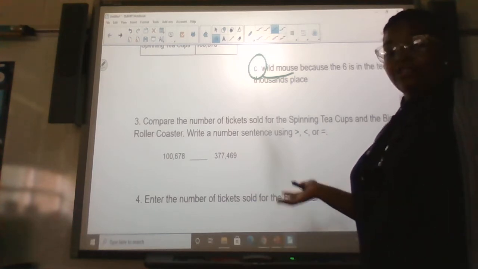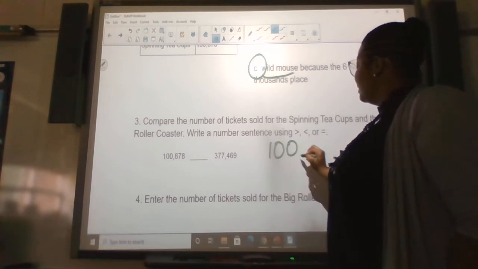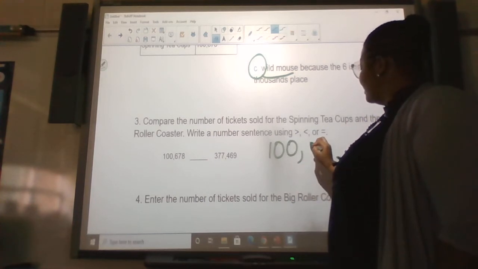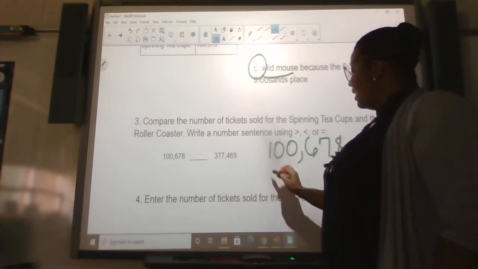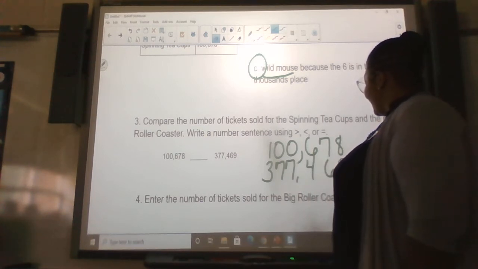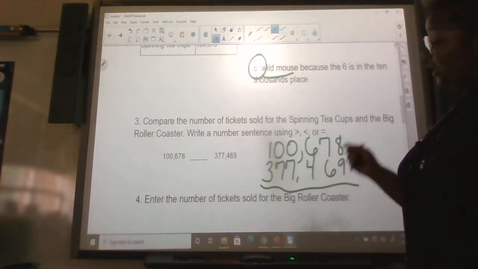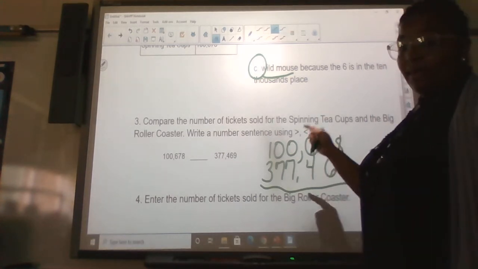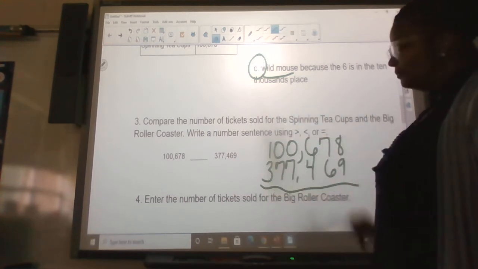So I can just line them up. 100,678 on top of 377,469. And now I'm going to compare them according to place value, starting left to right.